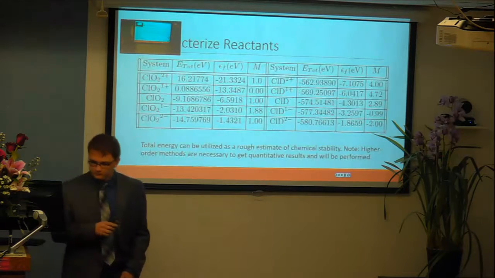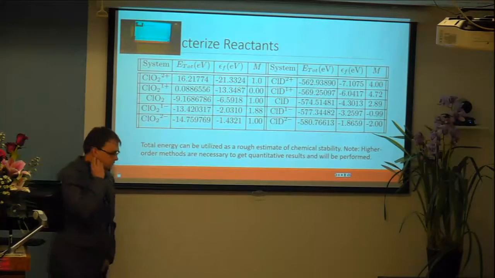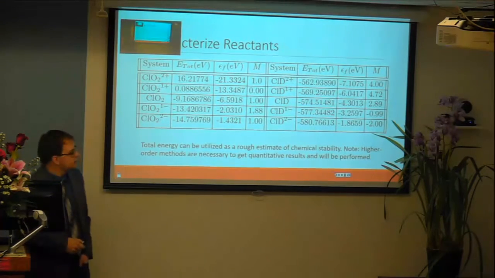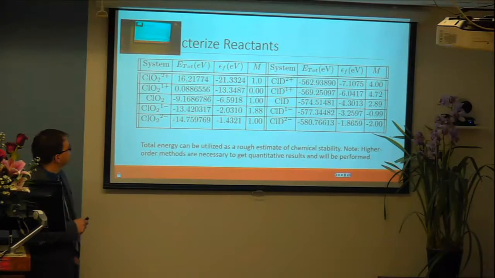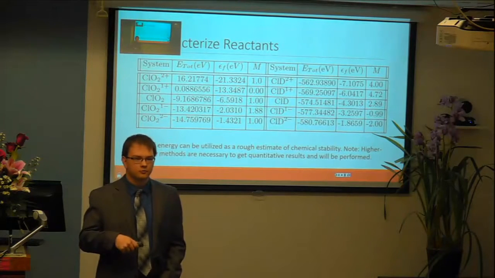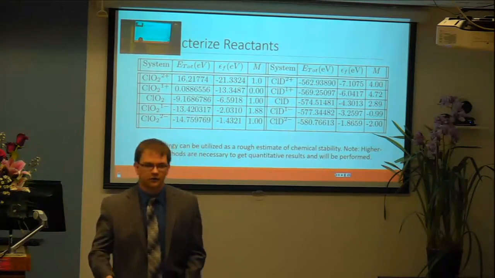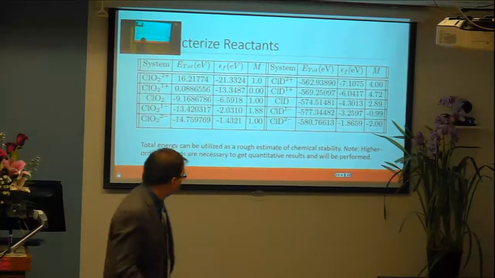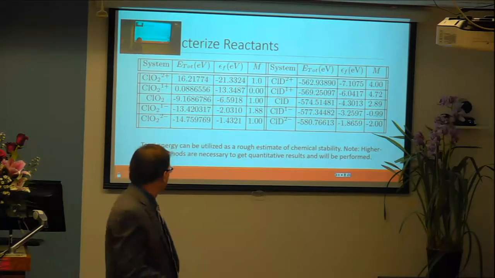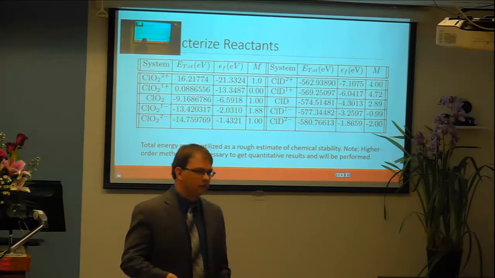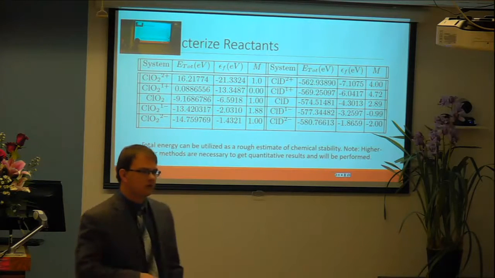But I've calculated or optimized these structures separately, and I've tabulated them. If you look at the total energies, which is most important here, chlorite likes negative charges. So the more negative total energy implies a more stable structure, of course. Like I said earlier, chlorite is known to be in a single anionic form usually, but as you can see, it's not the lowest number here.